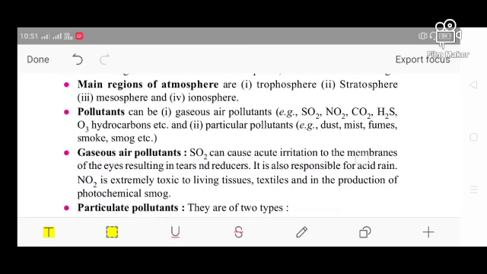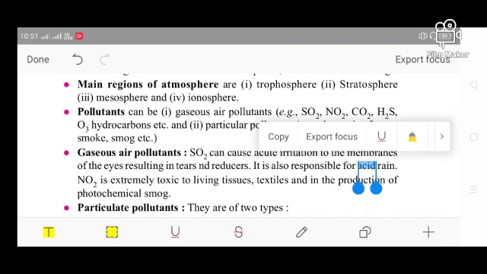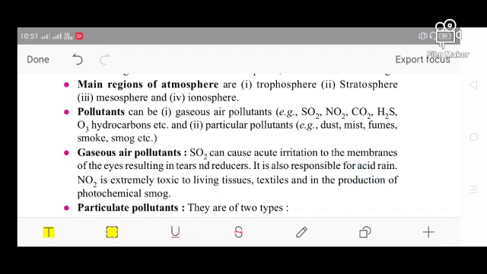What are pollutants? Those agents which create the different pollutions are called pollutants. Pollutants may be of two types: one is gaseous air pollutants, another is particulate pollutants.